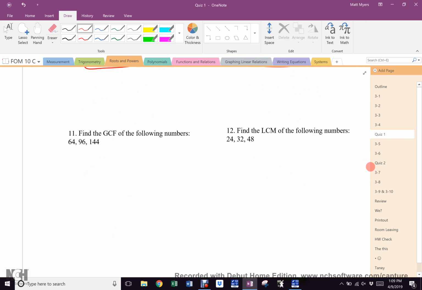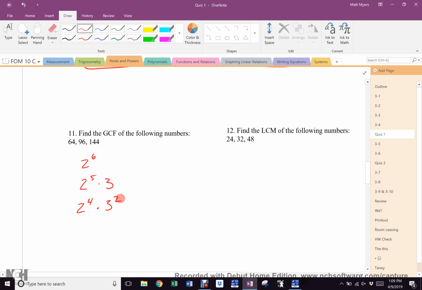GCF. List out all the prime factors. That is 2 to the sixth. That is 2 to the fifth times 3, and 2 to the fourth, which is 16, times 9, which is 3 squared.